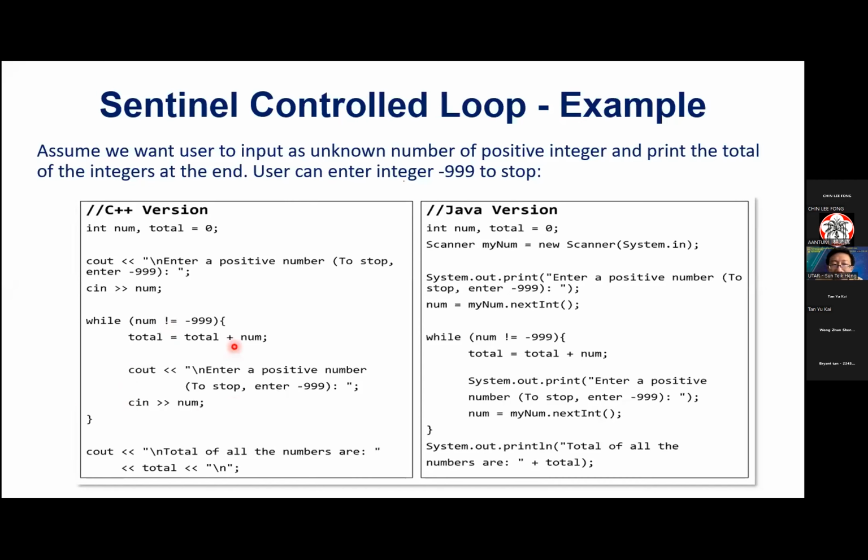So this while loop will repeat until the variable num has the value minus 999. When the variable num has the value minus 999, this while loop will terminate, and the user will see the output, the total of all the numbers, from the variable total.